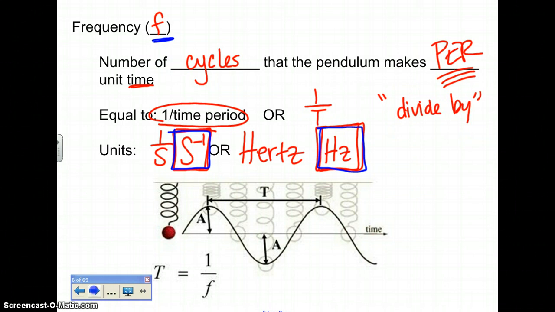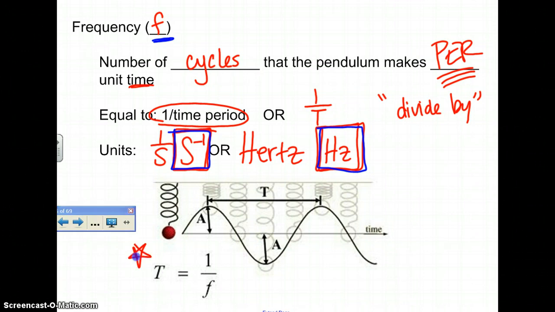We just put all of our units in the numerator, so s to the negative first. S to the negative first is also known as a hertz. Please take a second and assess this graph. Doesn't this make total sense? And can't you see here how this is also an applicable equation? That your period is 1 over f because f equals 1 over T. All you did was just rearrange it. Multiply both sides by T.